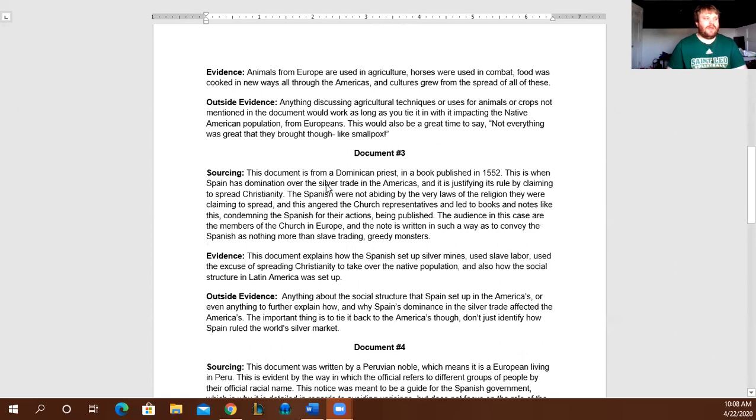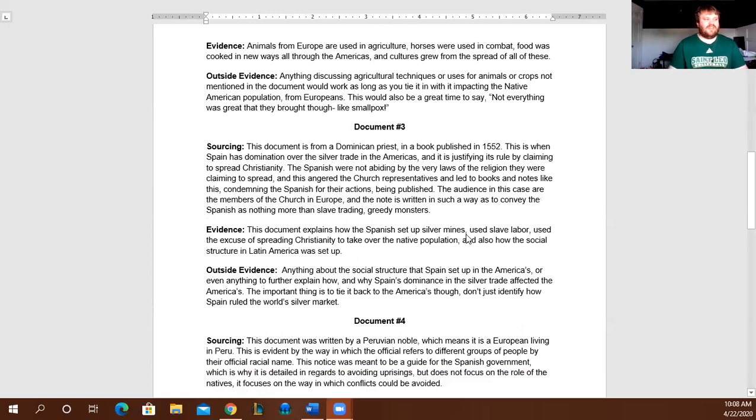For document 3, when it comes to sourcing, this document is from a Dominican priest in a book published in 1552. This is when Spain has domination over the silver trade in the Americas, and is justifying its rule by claiming to spread Christianity. The Spanish were not abiding by the very laws of the religion that they were claiming to spread, and this angered the church representatives and led to books and notes like this, condemning the Spanish for their actions, being published.